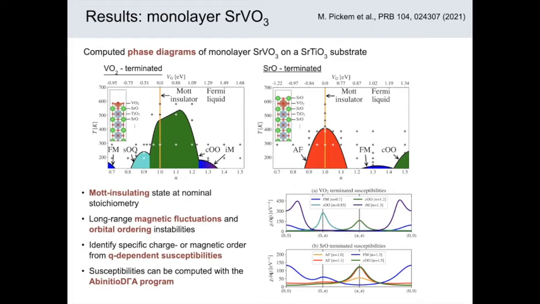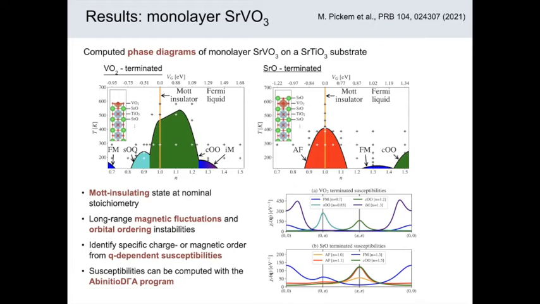So they did not do really ab initio DΓA calculations for these monolayers, but the other option is to compute momentum-dependent susceptibilities. That is also something that can be done in this ab initio DΓA program. So you can calculate, for example, the magnetic susceptibility or the charge susceptibility.